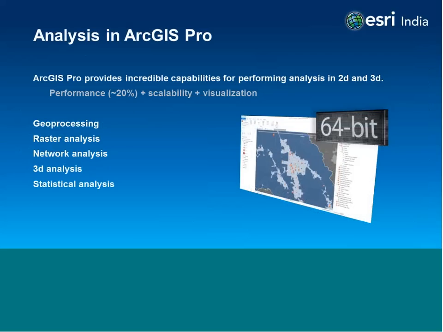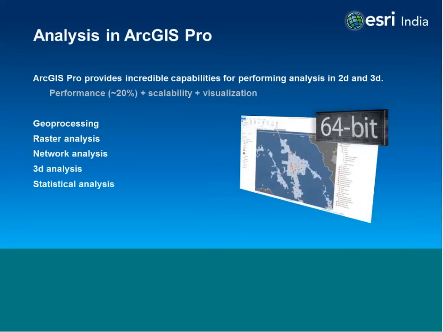Now everyone has been using analysis in ArcGIS. So with the launch of ArcGIS Pro, there are lots of extensions which have also been supported in ArcGIS Pro. This is to ensure that the people who are working with the analytics on 3D datasets as well should be able to do the analytics.